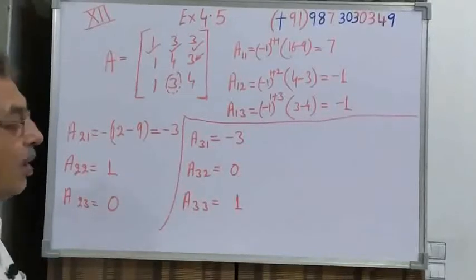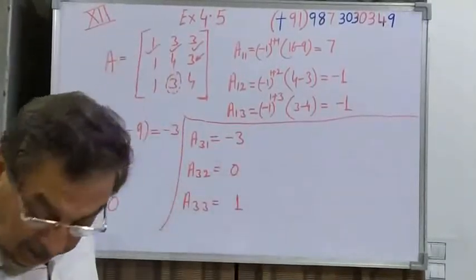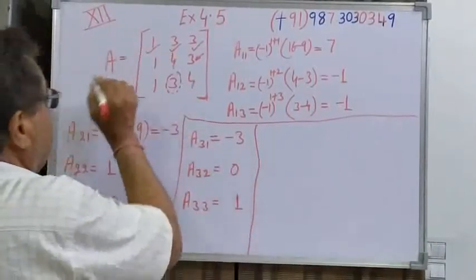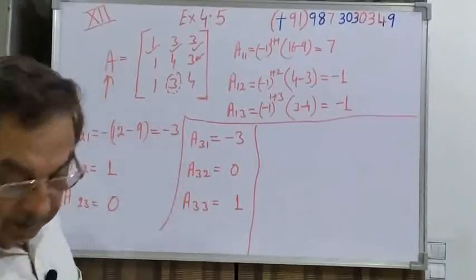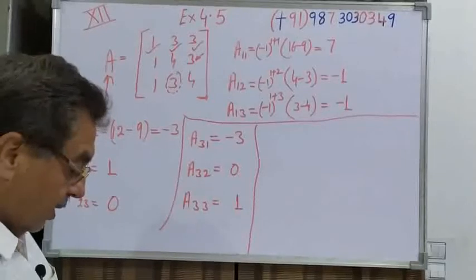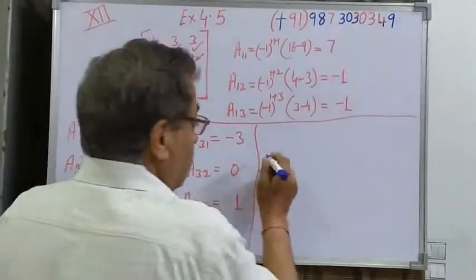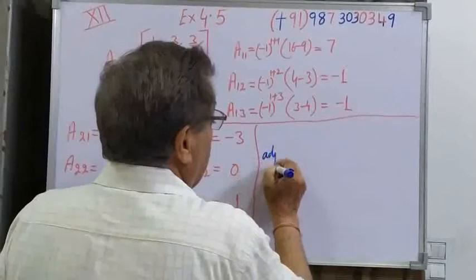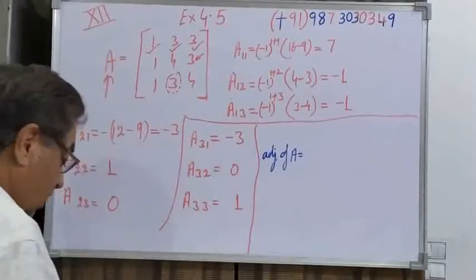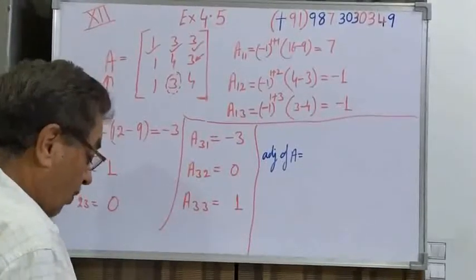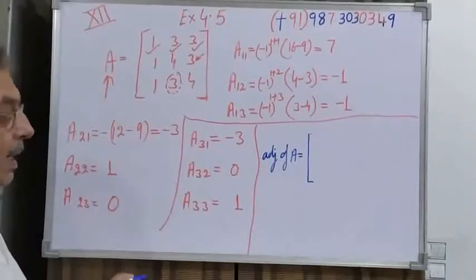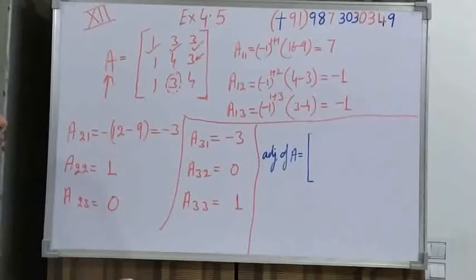Now I will write down what is the adjoint. What is the adjoint of the given matrix A? We want the adjoint of this one. After writing all the cofactors of 9 elements, I will tell you what is the adjoint of A. So the adjoint of A is another matrix which is obtained by the transpose of the cofactors.